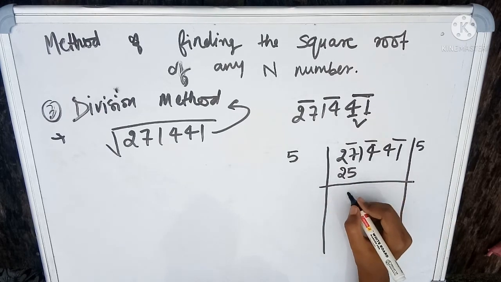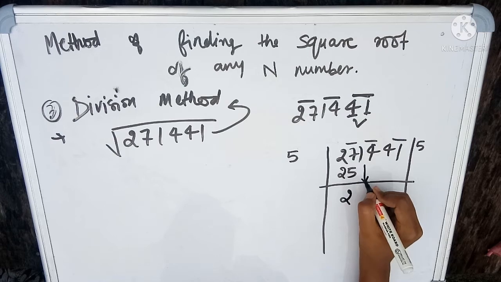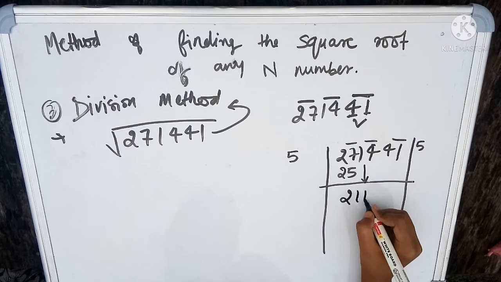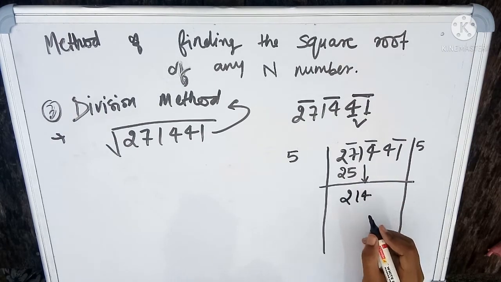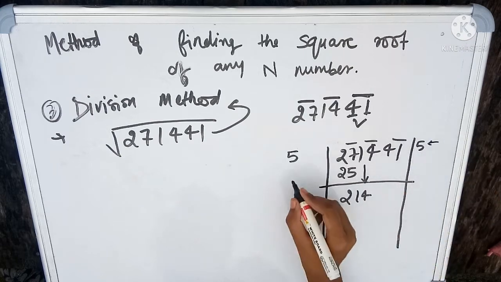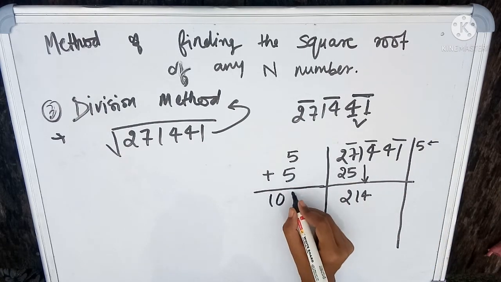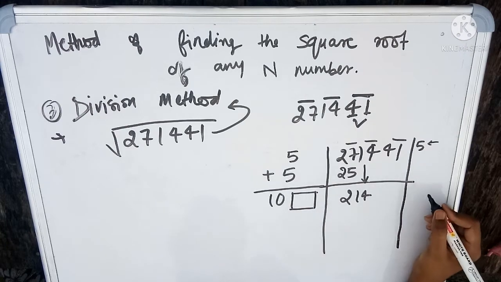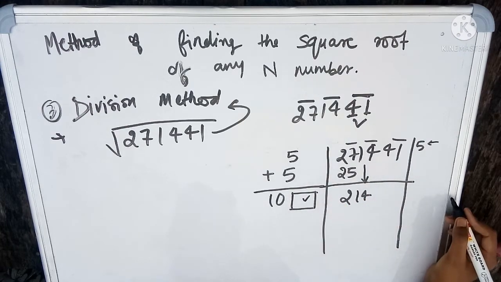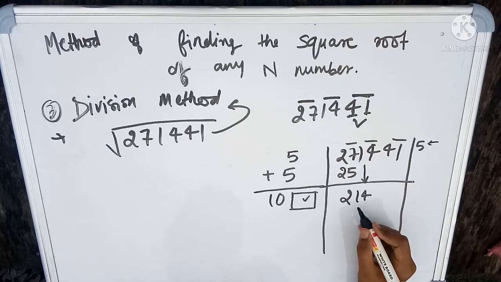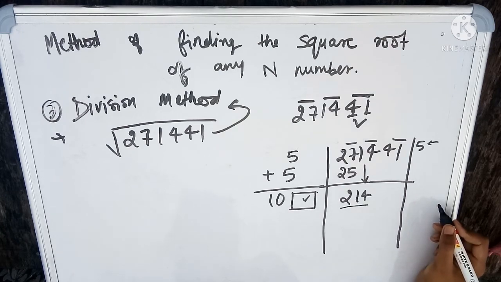After subtracting this, here we will get 2, and the pair of digits we need to bring down is 14. And whatever the quotient is, we need to add the same number here. Here we will get 10. And again we need to find a number whose square, multiplied as per the divisor, will be less than or equal to 214.